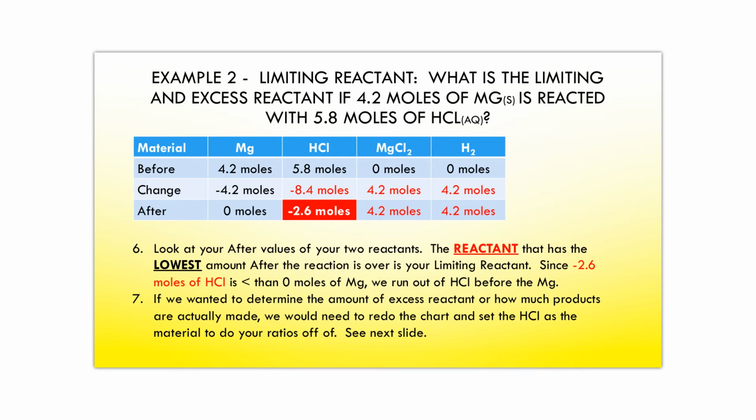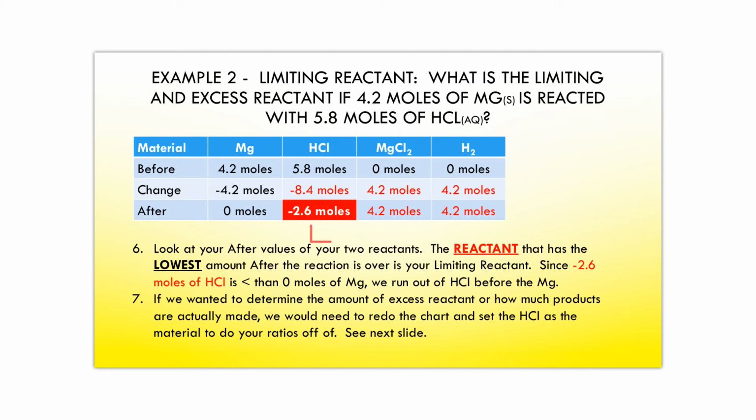you're looking at this and saying, well, it says here I'm going to be minus 2.6 moles of HCl. I can't have minus matter. So what does this really say? This really says that you don't run out of Mg first. You actually run out of HCl first.